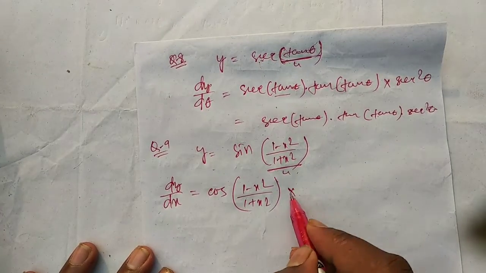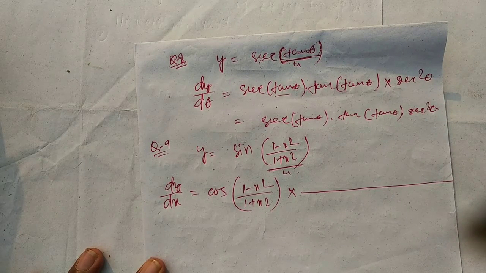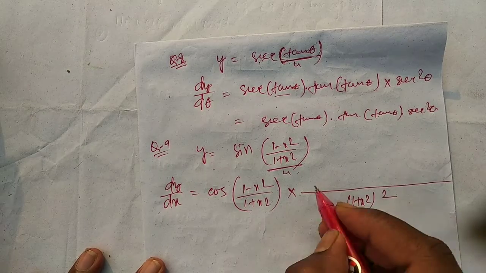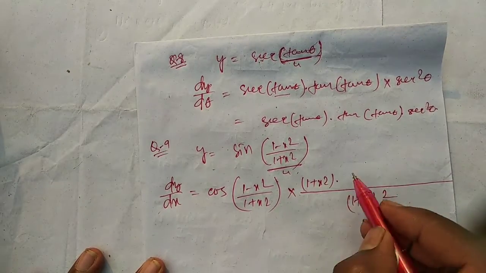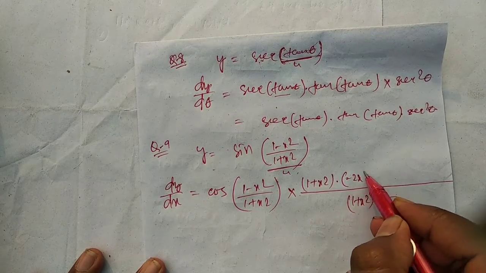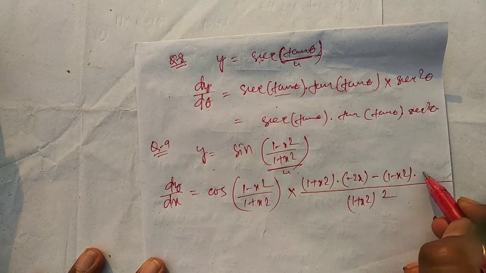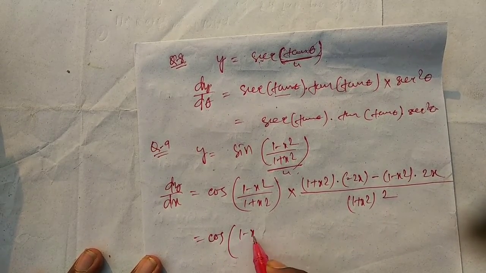Again the derivative of u: we have to apply the division formula. The square of the denominator into the derivative of the numerator, minus 2x, minus numerator into the derivative of the denominator, that is 2x. So solve this expression.